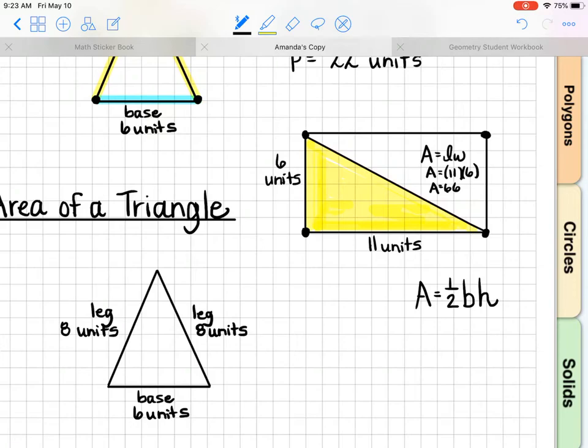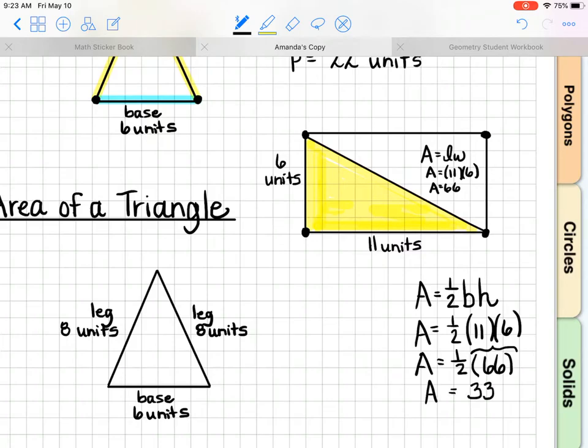If you look at this base on this yellow section, we have 11, that's the base, and this height is 6. So this much is what we already know, the area of the rectangle itself. And then all we're doing with this 1/2 is dividing our rectangle into 2 triangles. So the area of this yellow triangle is 1/2 times 66, or 36 square units.